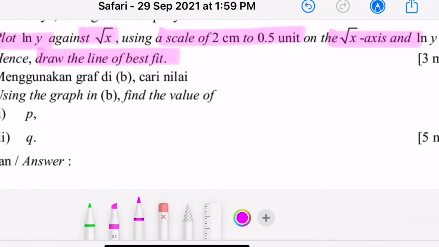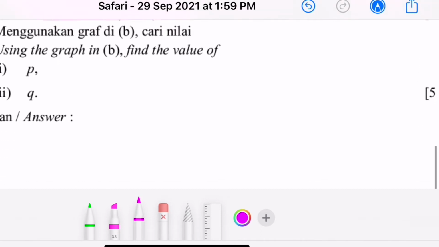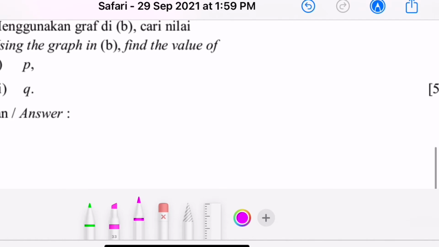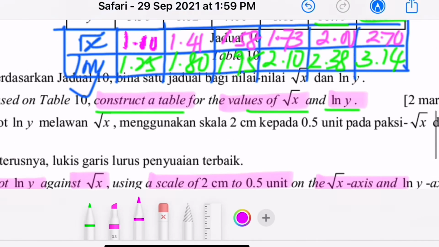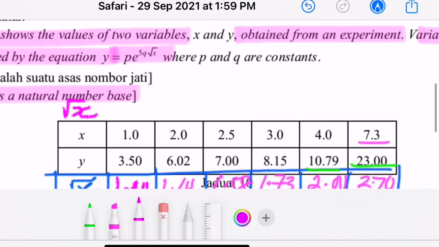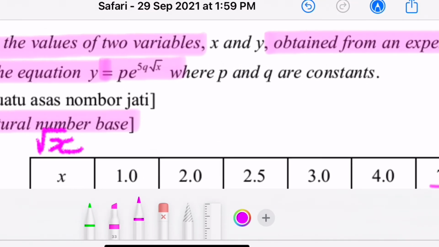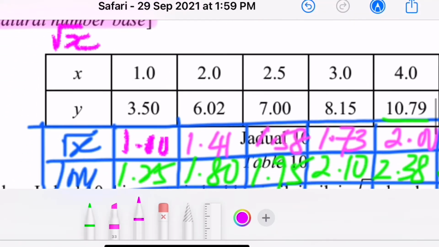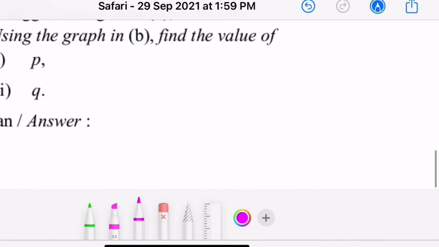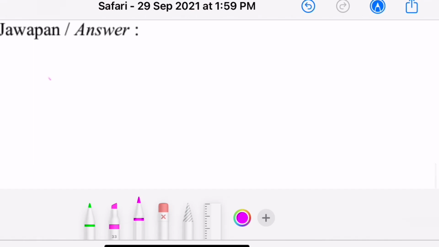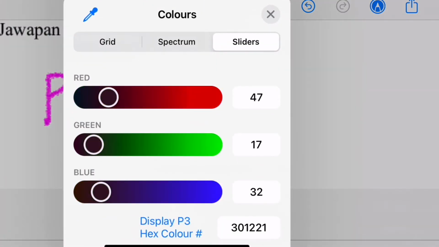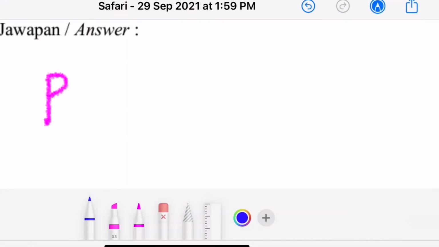Now, how to solve the constants is we have to start from the nonlinear equation, which is this one. We are going to start from the nonlinear equation, y equals p exponential 5q square root x. So I'm going to show you how we will derive, or come up with, a linear equation.